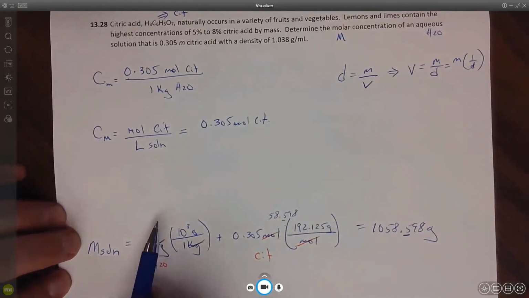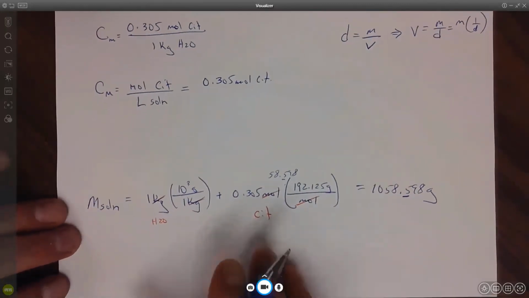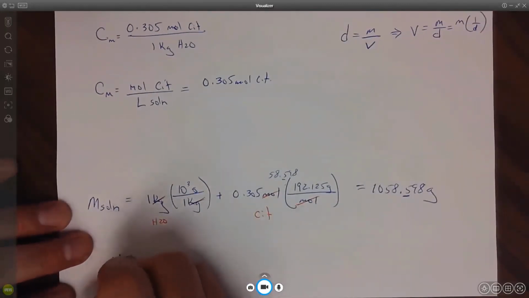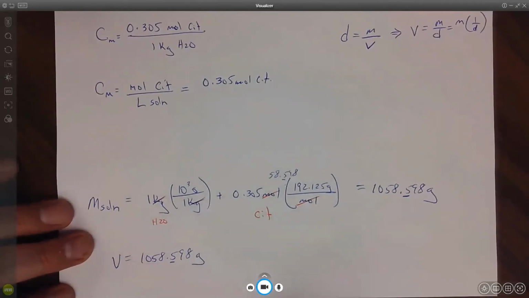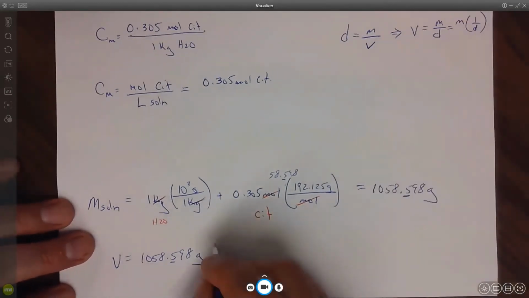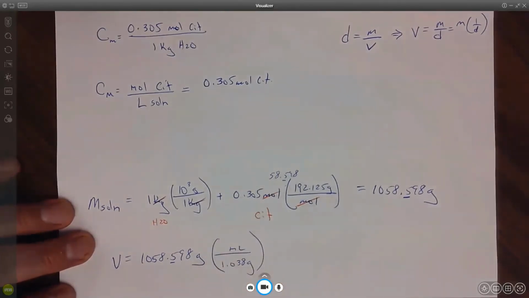And then finally, we can get the volume. So the volume is going to be the mass that we just calculated. We're going to multiply it by the inverse of the density, which means we just flip it. The grams cancel.